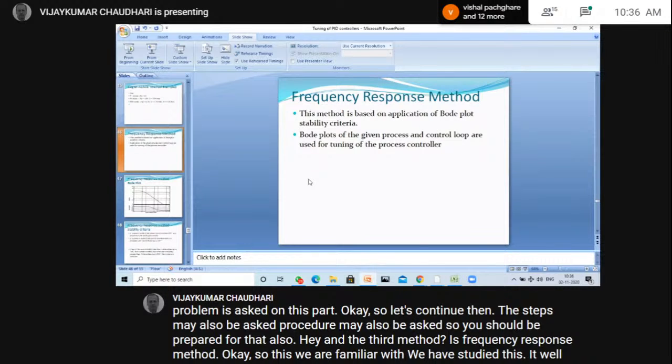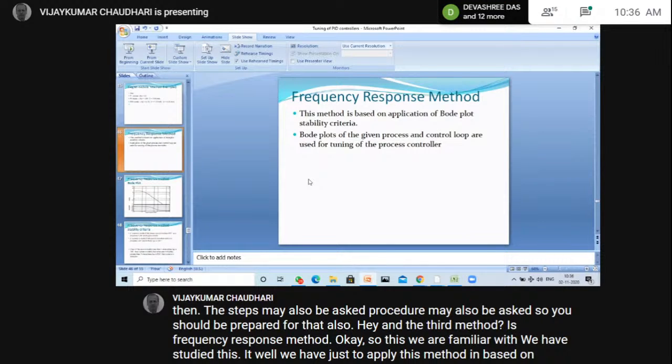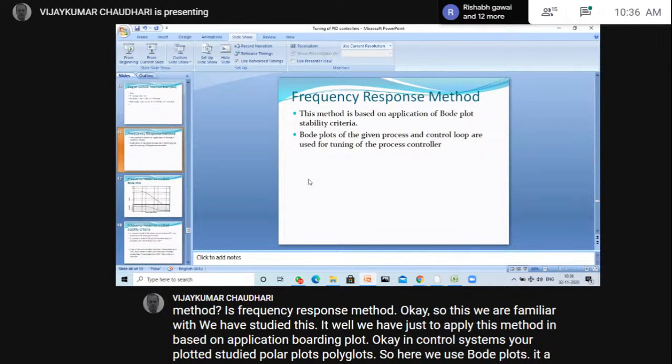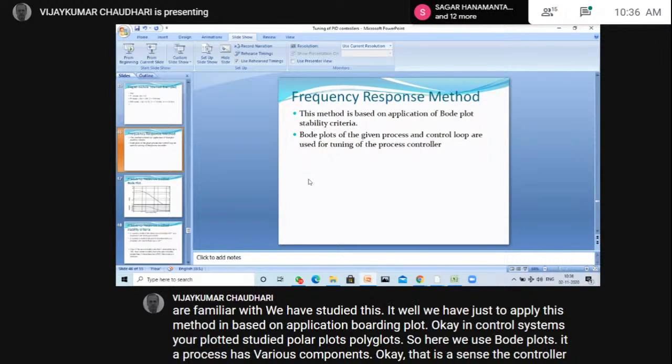This method is based on the application of Bode plot. In control systems, we have studied polar plots, Bode plots, Nyquist plots. So here we use Bode plots. A process has various components: a sensor, a controller, a feedback element, and the process itself.